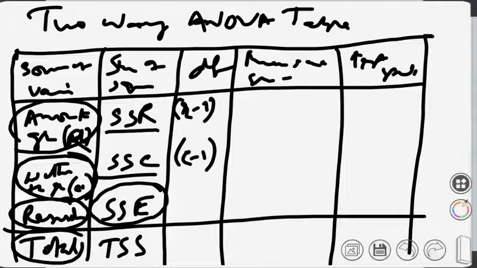Then for degrees of freedom, first one is R minus 1, then the second one is C minus 1, and finally the error one is R minus 1 into C minus 1.